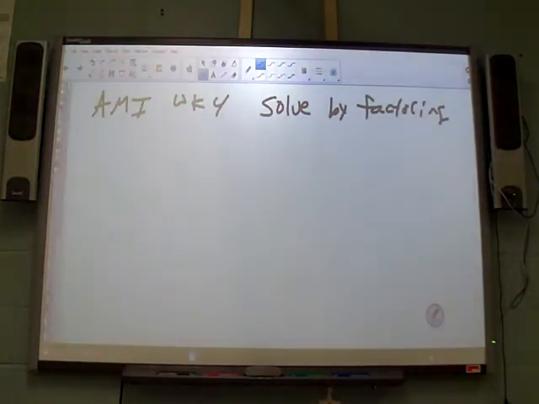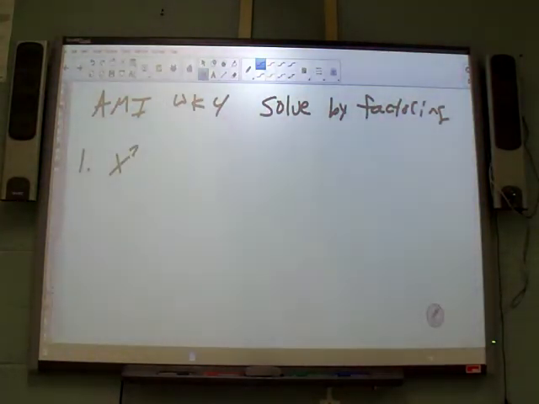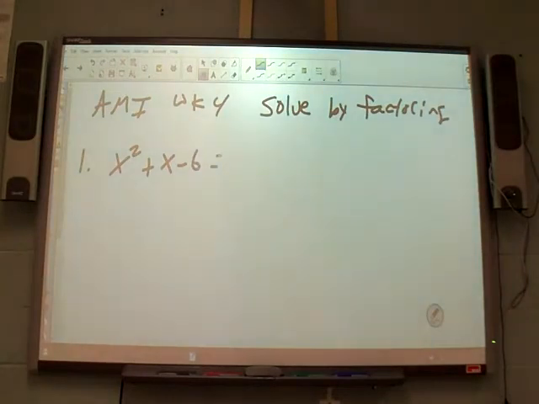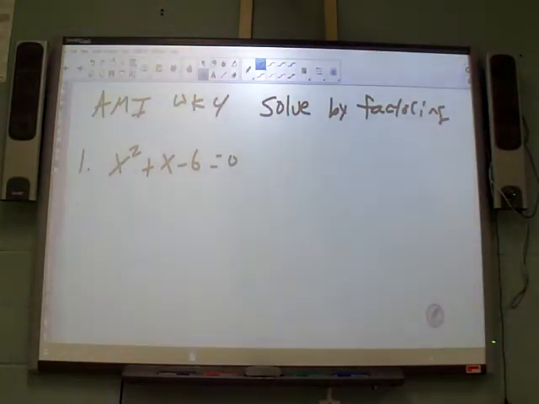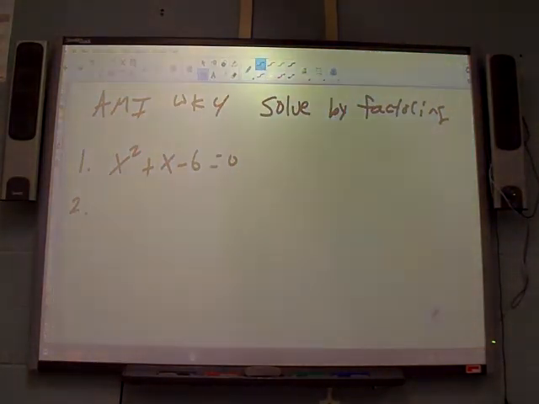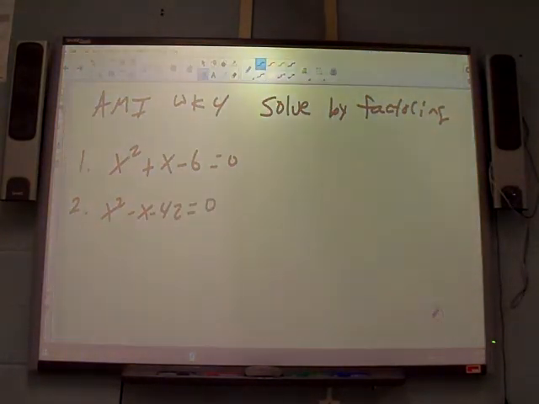First one I've got for you, number 1, says x squared plus x minus 6 is equal to 0. Number 2 says x squared minus x minus 42 is equal to 0.